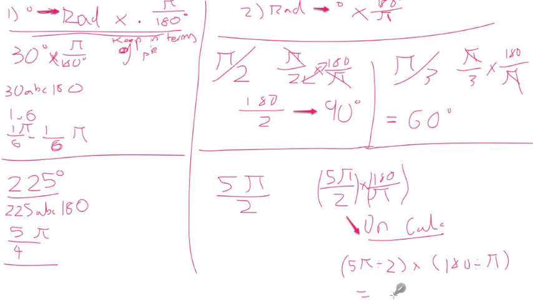Now obviously for all of these you could do that, but if you just see a number near any of the pi's, then that's when you probably want to put it in your calculator.